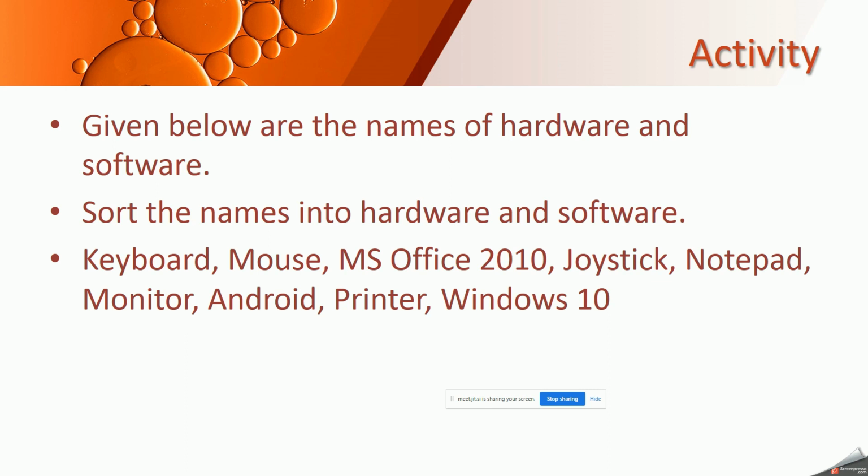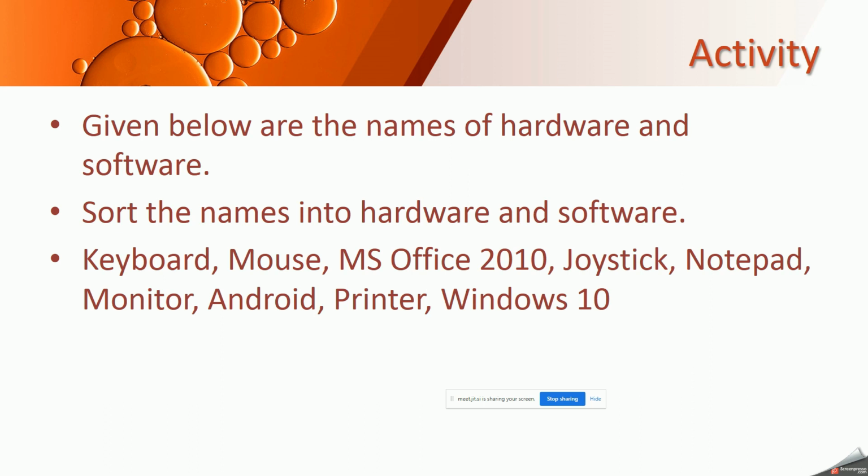And quickly categorize these names into hardware or software. Do it quickly. The work is, you are already given some names, as you can see here. You have to classify them into hardware and software. You have to say which one is hardware and which one is software.